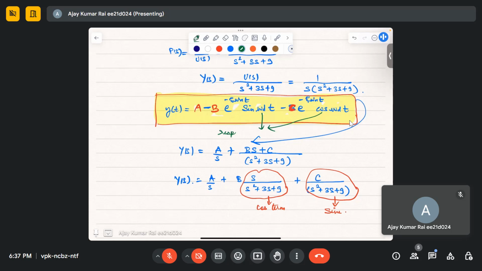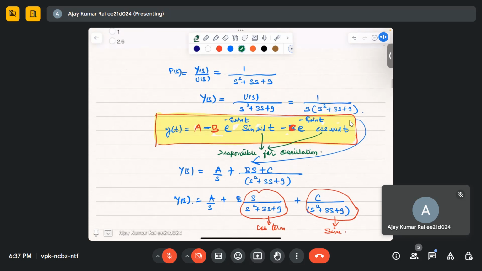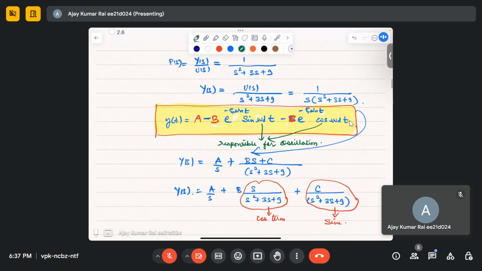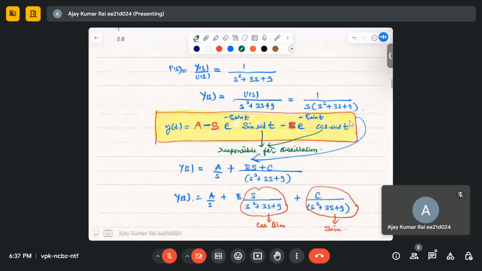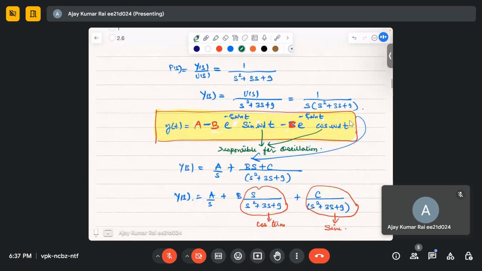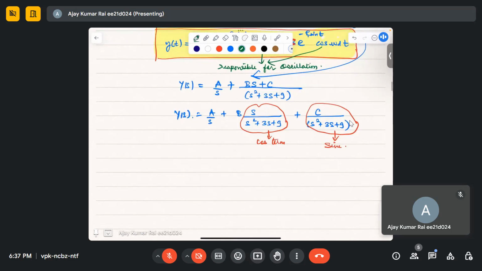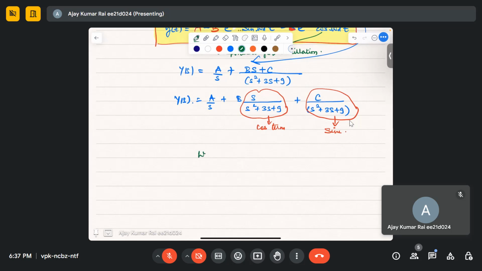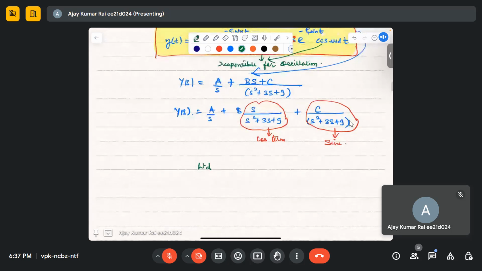These are responsible for oscillations. And what is the frequency of oscillation? That is omega d. So this is the frequency of oscillation.